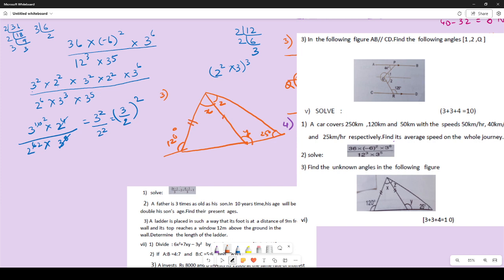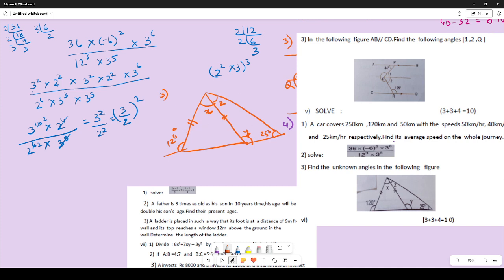Now see, what are the indications given over here? These two sides are the same. What does it mean? It makes this triangle, which triangle are we talking about? Where is the cursor? Okay, let me show it this way.